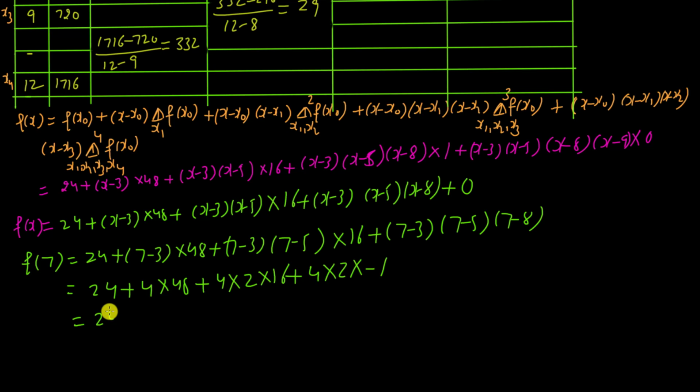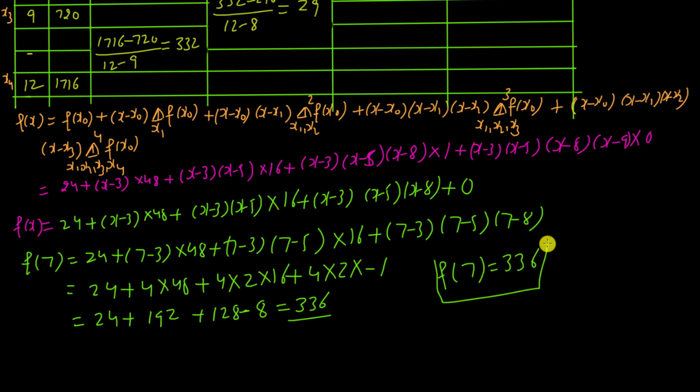So this will be 24, this will be 192, and this will be 128 and minus 8. So this when solved will give 336. So the value of f7 is equal to 336. So that was required to prove.